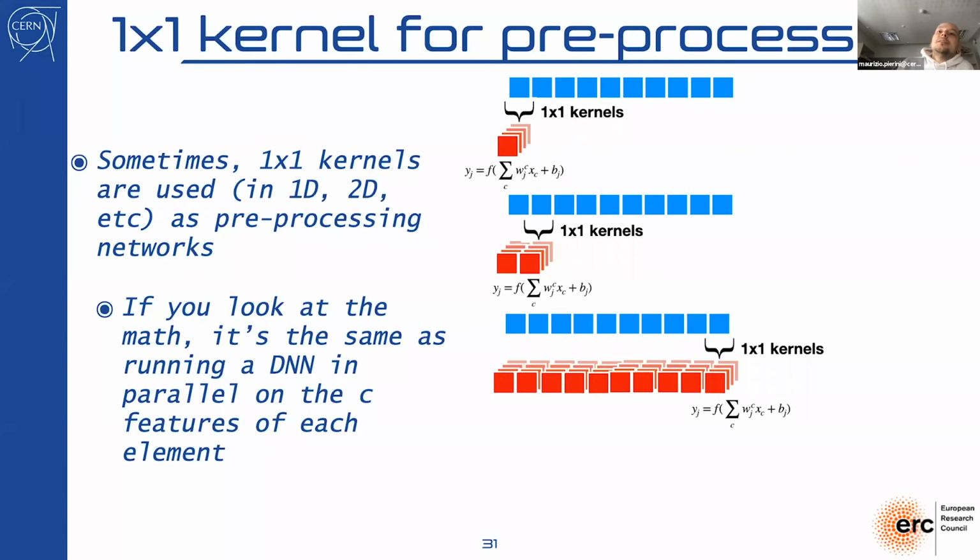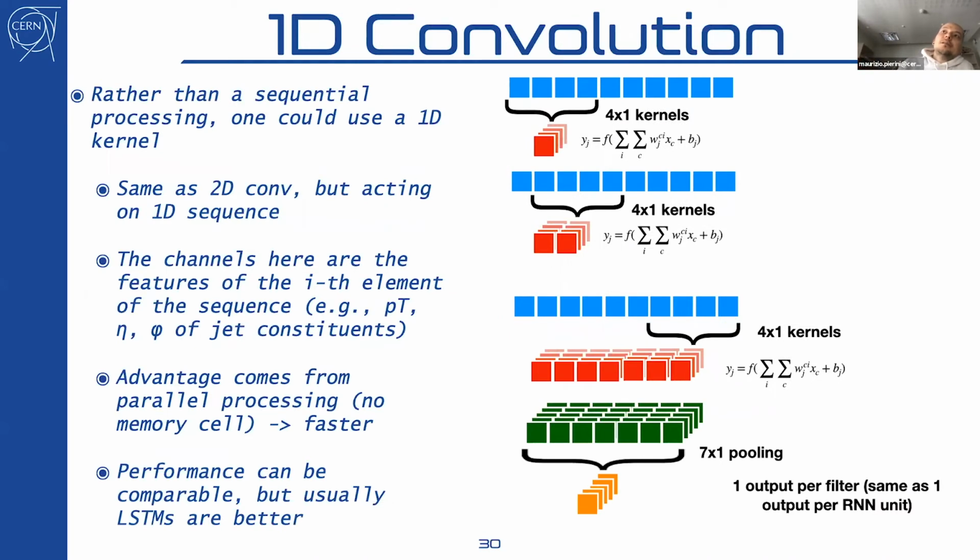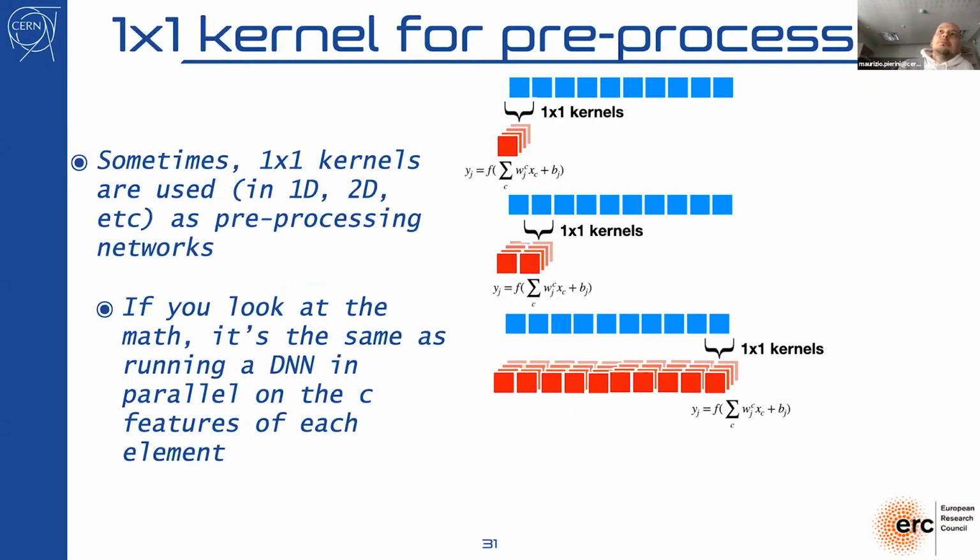So this is a parenthesis that I want to mention to explain why something that was introduced to do this effectively became a more generic ingredient of neural network architectures. For instance, we use something like this for graph networks as a pre-processing stage. This was a little bit of a parenthesis that I thought could be important.